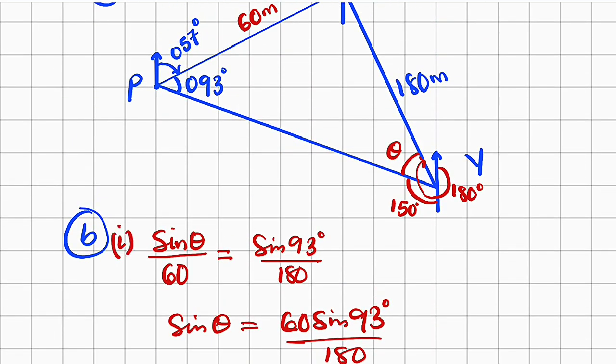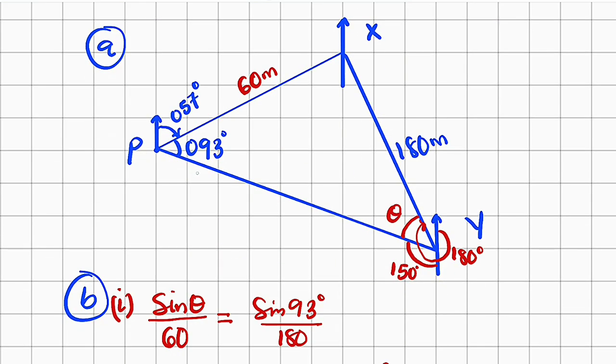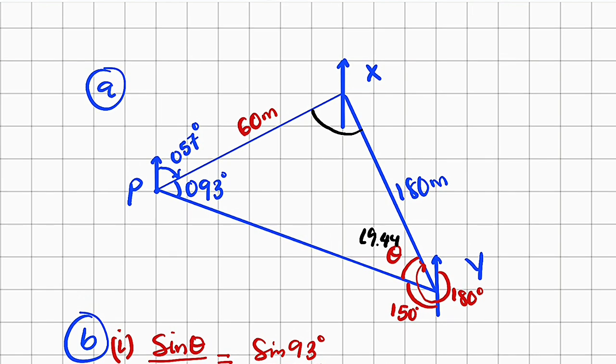Now we move to the second part, which is Roman 2. It stated that we should find the distance between P and Y. So we are looking for this distance here. To do that, first of all, we need to find this angle. We have already seen that theta is 19.44. To find this other angle, remember the sum of all angles in a triangle equals 180.